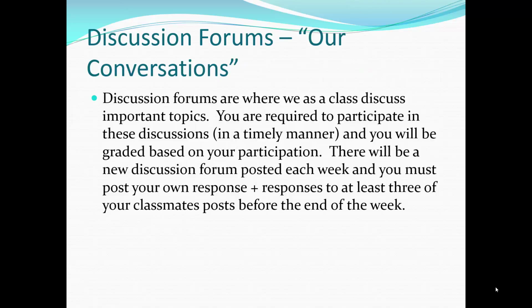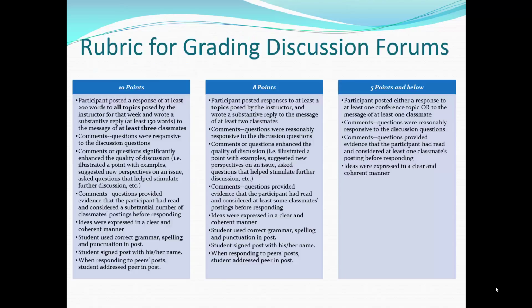One of the main ways that we're going to communicate in this class is called the discussion forums. It's called Our Conversations. Discussion forums are where we as a class discuss important topics. You're required to participate in these discussions in a timely manner, and you will be graded based on your participation. There will be a new discussion forum posted each week, and you must post your own response and responses to at least 3 of your classmates' posts before the end of the week.